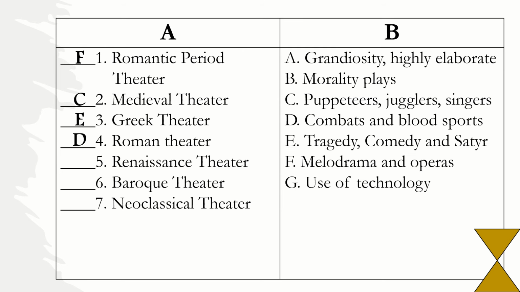Roman theater, D, combats and blood sports. 5. Renaissance theater, letter B, morality plays. 6. Baroque theater, letter G, use of technology. 7. Neoclassical theater, letter A, grandiosity, highly elaborate.